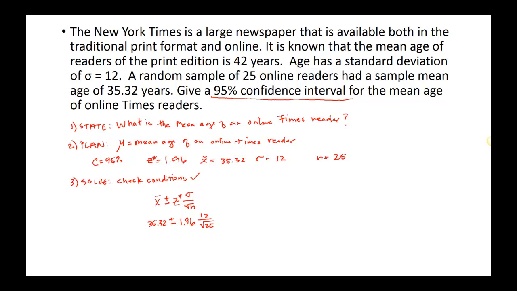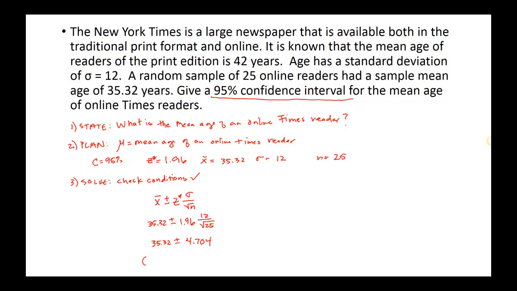So I'm going to work on the right side of the equation first. That's called my margin of error. So I have 35.32 plus and minus. Now I'm going to take that 1.96, multiply it by 12, and then divide by the square root of 25. When I do that, I get 4.704. So 4.704 is my margin of error.